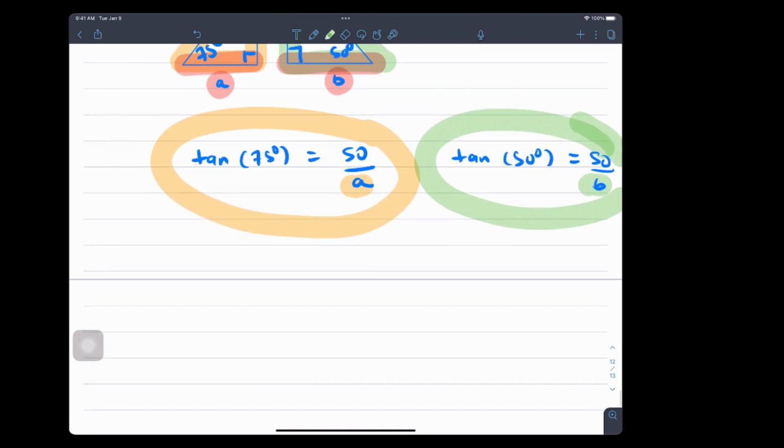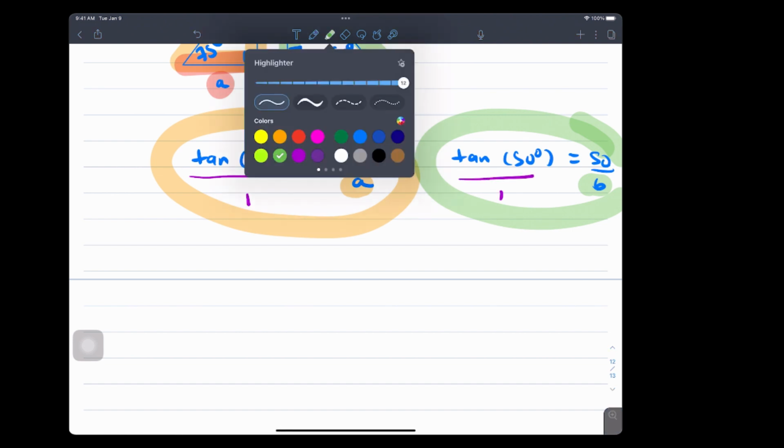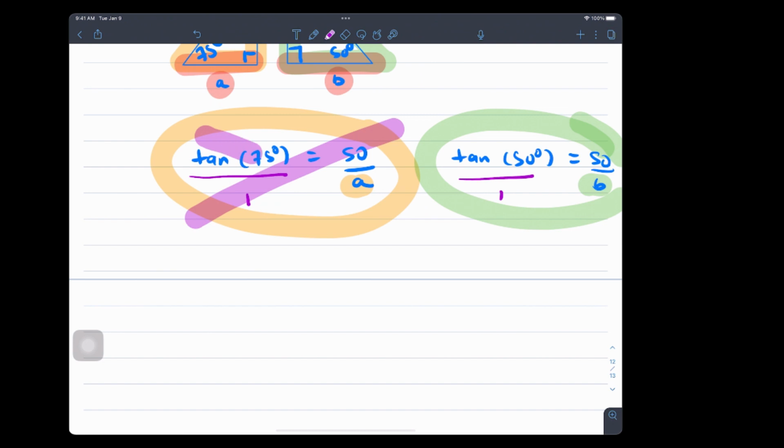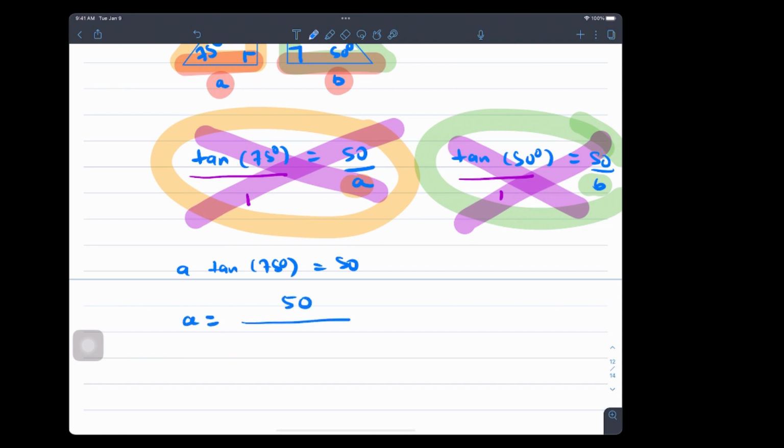Now, use the algebra. Cross multiply if you like, okay? Now, what you'll end up getting is the following. A tangent 75 degrees is 50, which means A will be 50 over tangent 75.